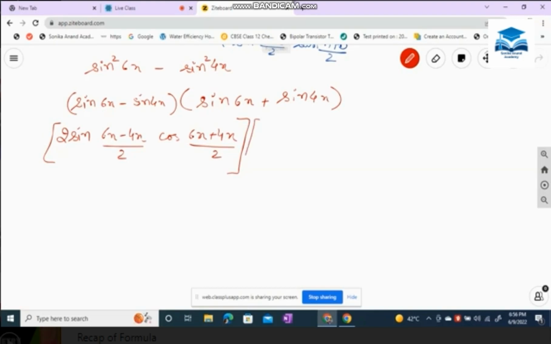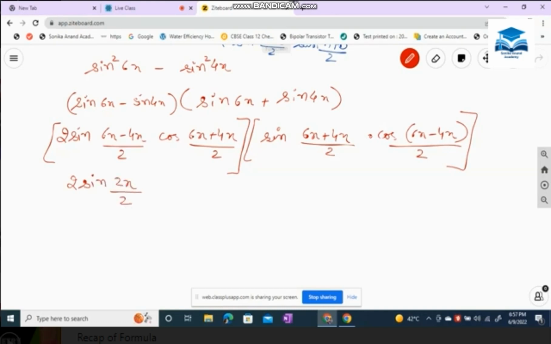Multiply with, now it is positive, so sine of 6x plus 4x upon 2 into cos of 6x minus 4x upon 2. Now when we solve, we get 2 sine 2x upon 2. Don't do these questions in your mind, otherwise you will get wrong answers. Write each and every step. 10x by 2.